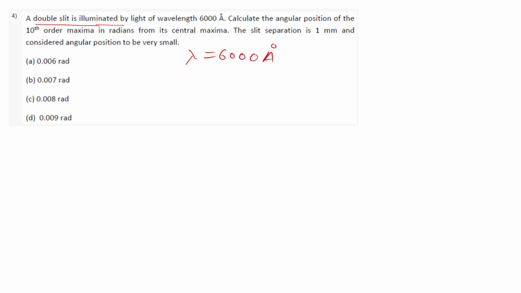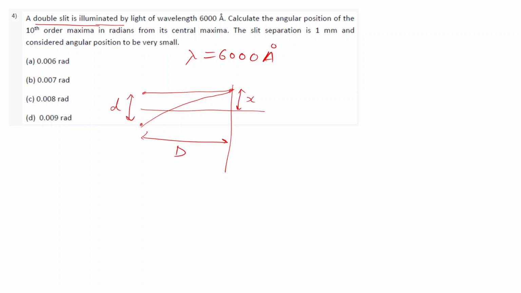Calculate the angular position of the 10th order maxima in radians from the central maximum. So again we'll have two sources. This will be the screen. Somewhere they are reaching and interfering, and from the center the distance is this.